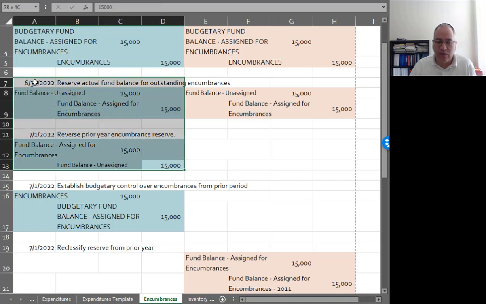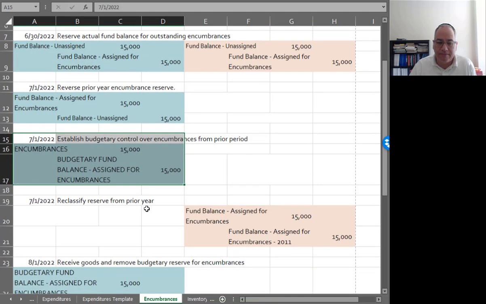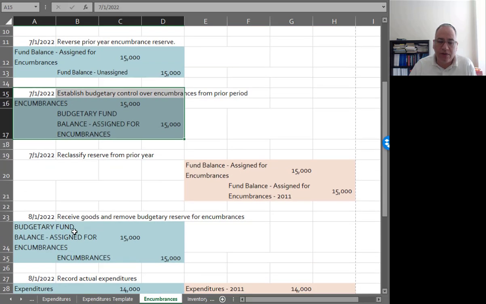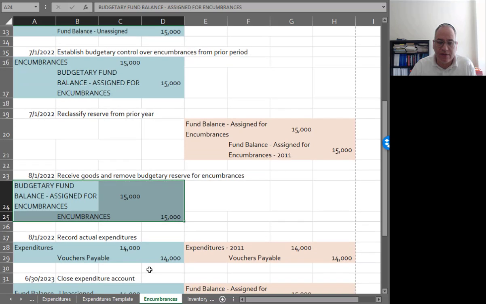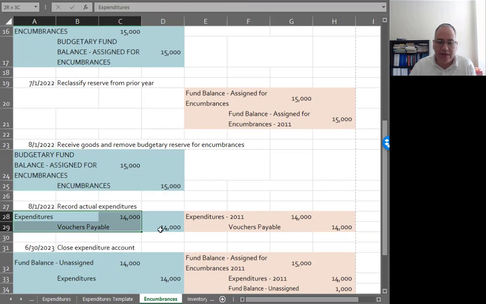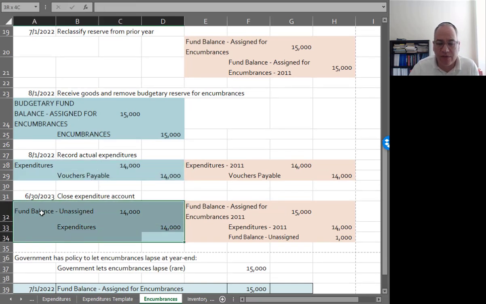This reverses the year-end entry, and then you record a brand new encumbrance. When you eventually receive the goods, you're going to reverse that brand new encumbrance, spend the money, and close out the expenditures to fund balance unassigned, just like any other expenditures.